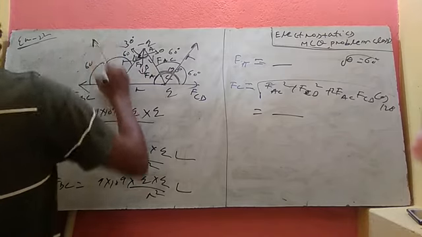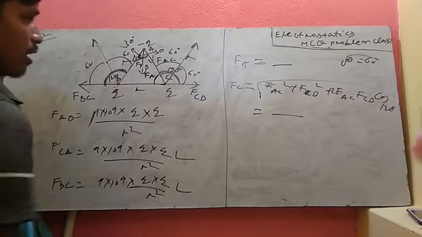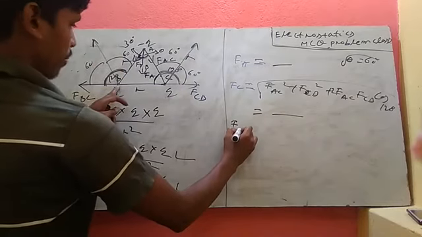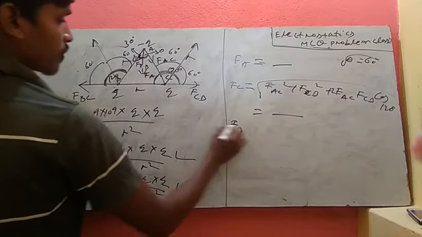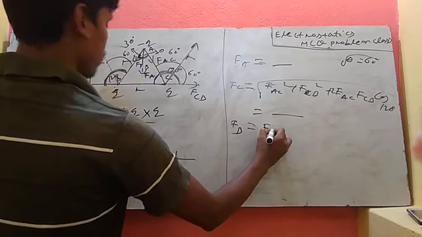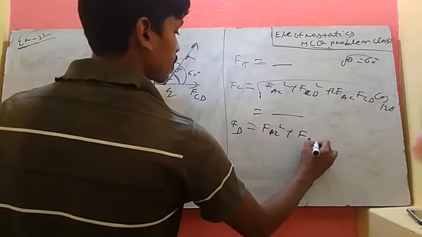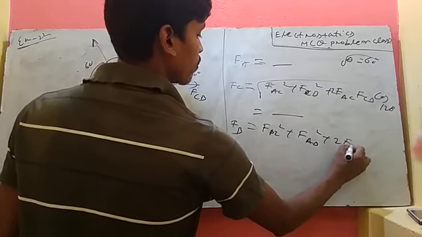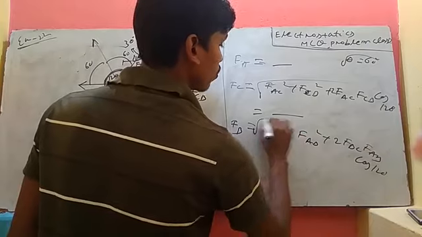The net force FB is the square root of FBC square plus FAB square plus 2 FBC FAB cos 120 degrees.